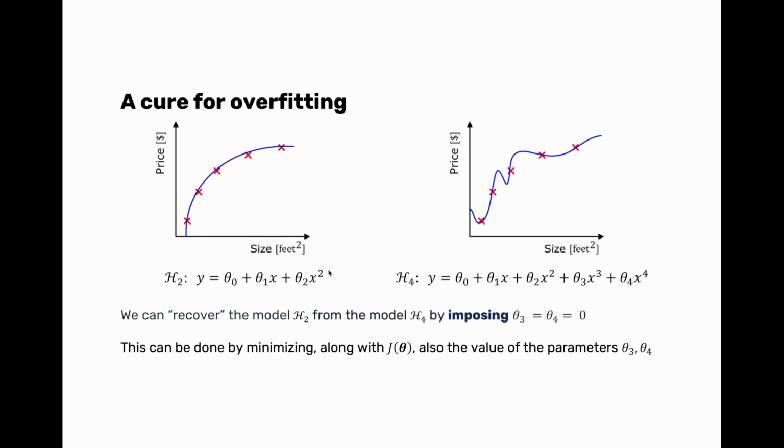The answer lies in the polynomial itself, the model parameters. To make it simpler, we have to bring theta 3 and theta 4 either to 0 or close to 0. When we bring them to 0 or close to 0, only theta 0, theta 1 and theta 2 remain, and it will become a 2-degree polynomial, a quadratic equation, and then it will fit the data properly.